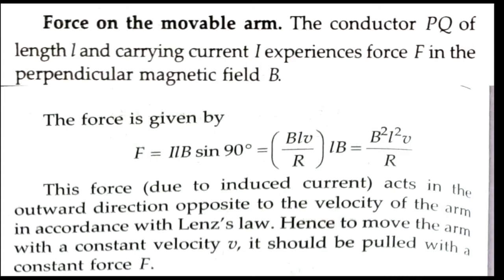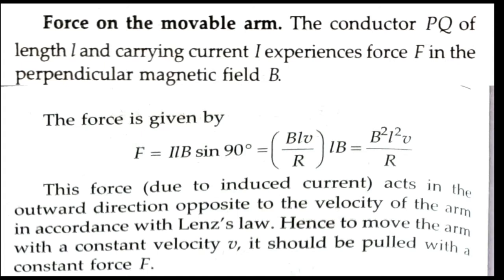In this situation, the angle between the direction of current and the magnetic field is 90 degrees, and IL cross B becomes ILB sine 90. Sine 90 is 1, so that is ILB.